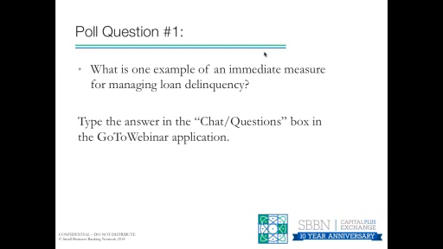And so, Cecilia, maybe you can share with us what are some of the best tools to be used from your perspective for an immediate measure for managing loan delinquency. Okay. Some of the tools that are very important are, number one, the watch list. That will show not just the very problematic loans, but also those that are already showing some problem loan signs. And then another report is also the PAR report.